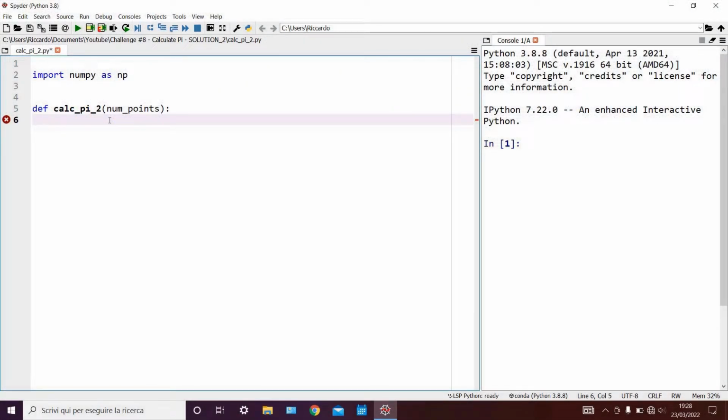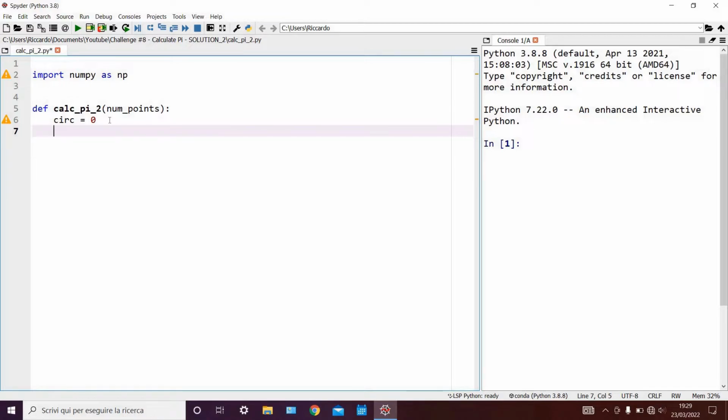First of all, let's set up a counter for the number of points inside the circle. We can call this circ, and we can set an initial value of 0. Then we can set up a simple for loop where we calculate a random value for our x-coordinate and a second value for our y-coordinate of each point.